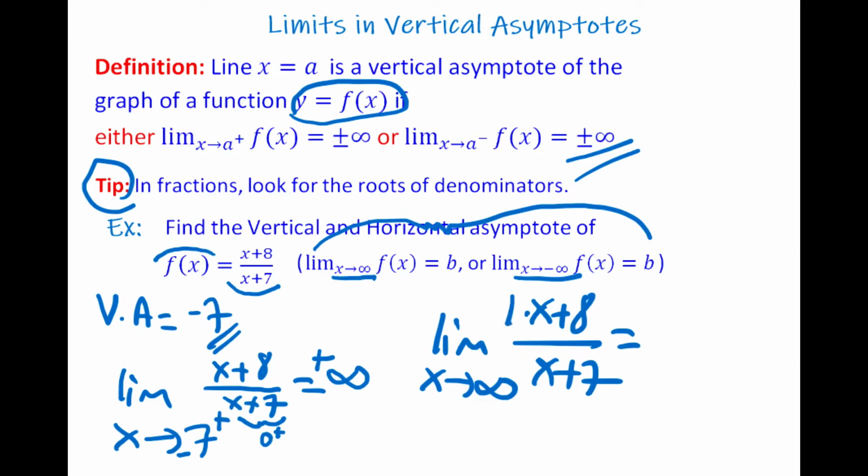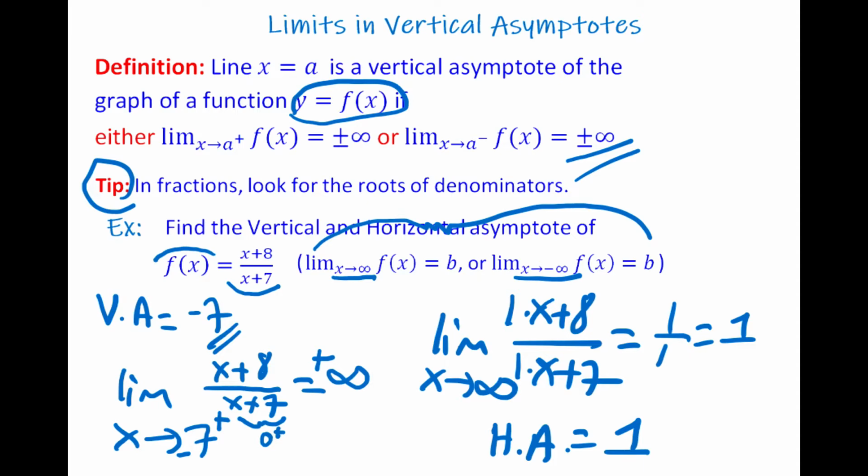Because there is 1 here and there is 1 here, we're going to have 1 divided by 1, which is 1, guys. So we can say that when x goes to positive infinity, the result is 1. Similarly, if you put negative infinity, we're still going to get the same thing. Negative divided by negative is still positive. So still we're going to have 1. In this case, we can say that the horizontal asymptote of this function is 1, guys.